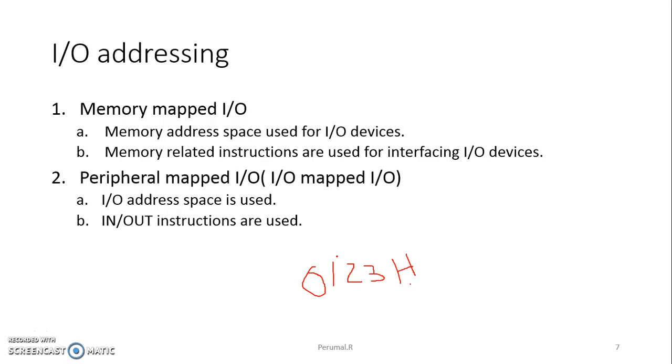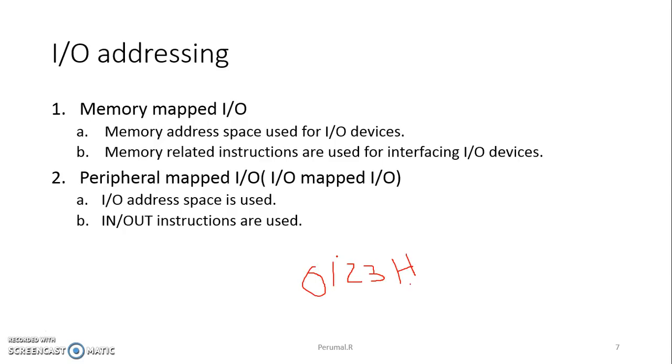That is called memory mapped IO. The IO devices will be accessed as simple memory locations, which means we can use memory related instructions, that is LXI, move immediate, or copying the data from memory.